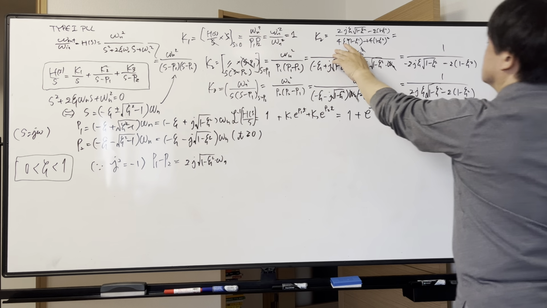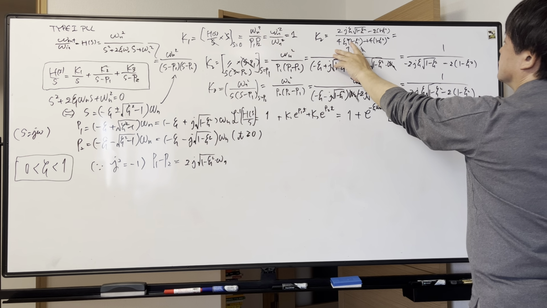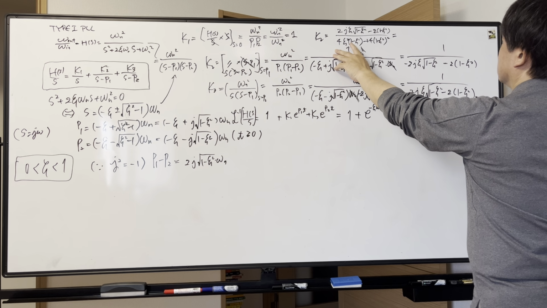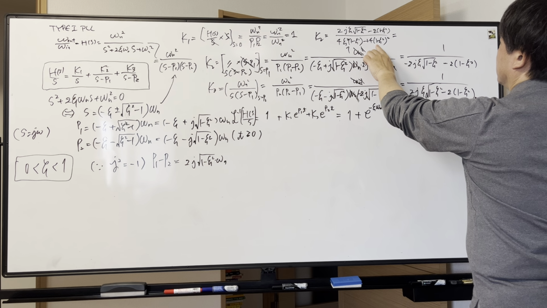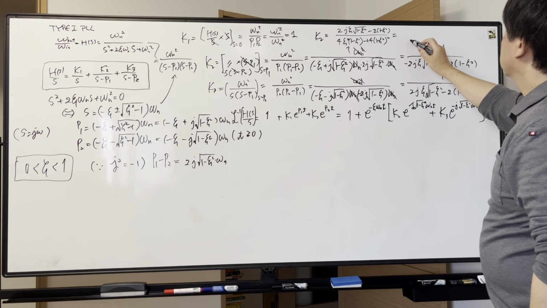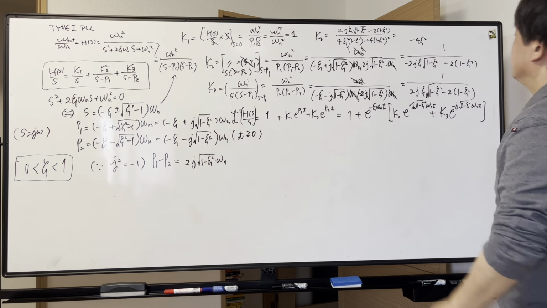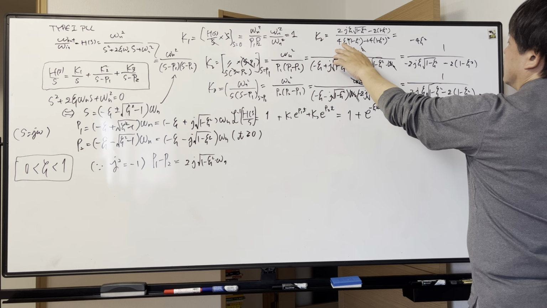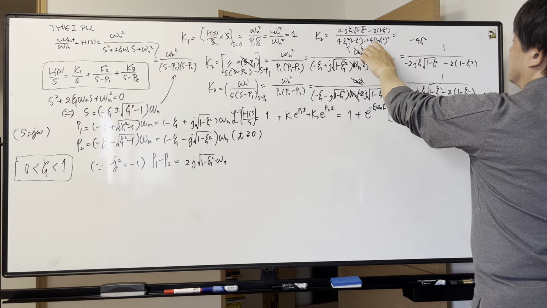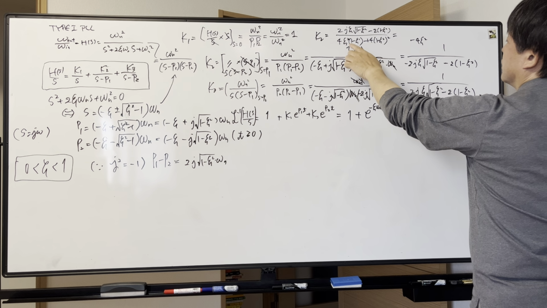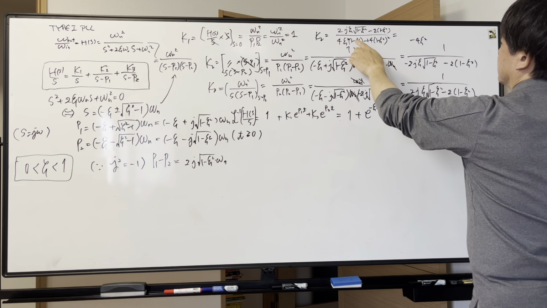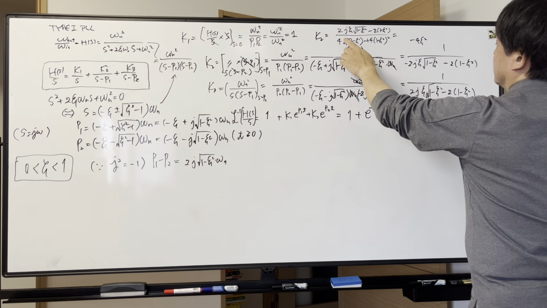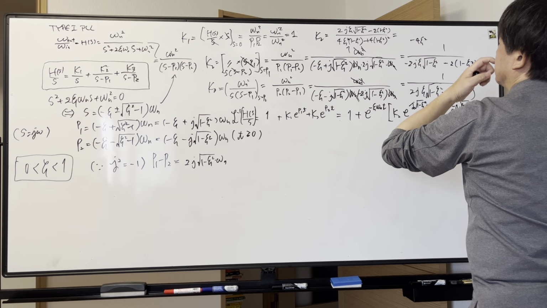And which is 4 zeta square, 4 zeta squared, 1 minus zeta, minus 8 zeta squared, so minus 4 zeta squared remains, and 4 zeta to the fourth. The plus terms cancelled out, remaining minus 2 times zeta square, minus 8 zeta square remained.